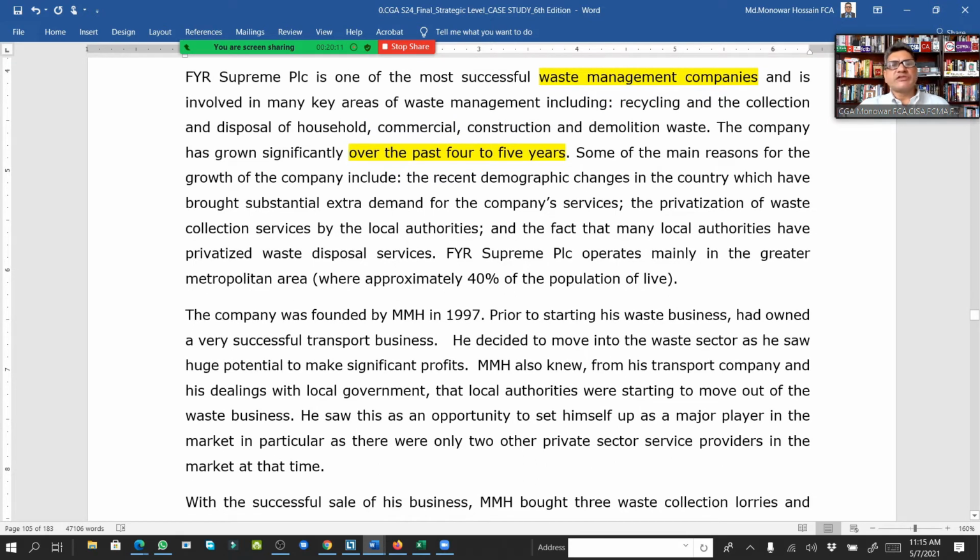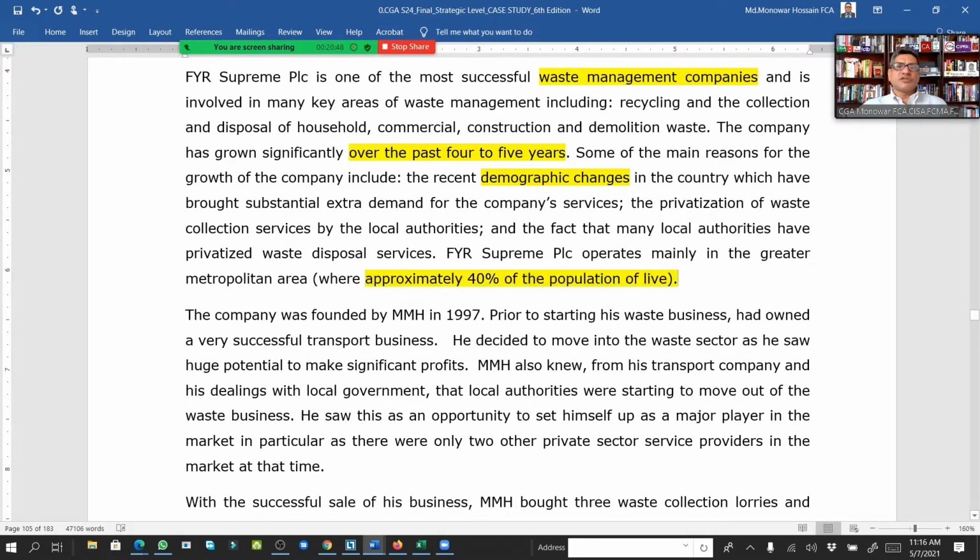Some of the main reasons for the growth of the company include the recent demographic change, which has brought substantial extra demand for the company's services. Also the privatization of waste collection services by local authorities, and the fact that many local authorities have privatized waste disposal services. FIR Supreme operates mainly in the greater metropolitan area, where approximately 40% of the population lives.